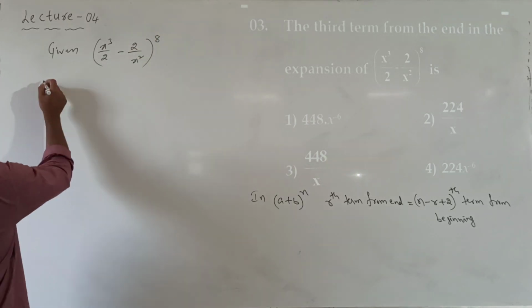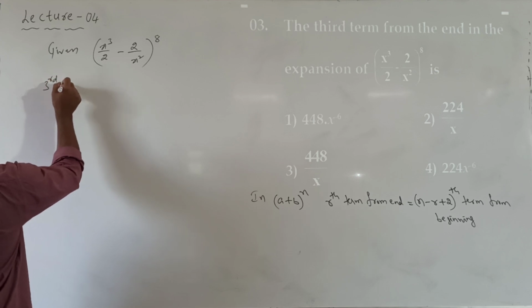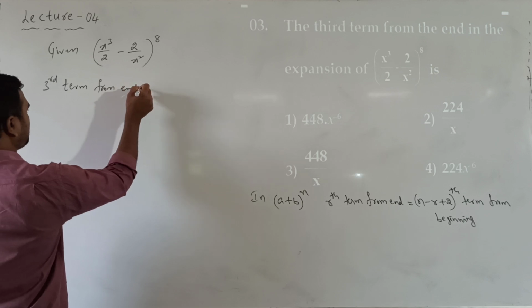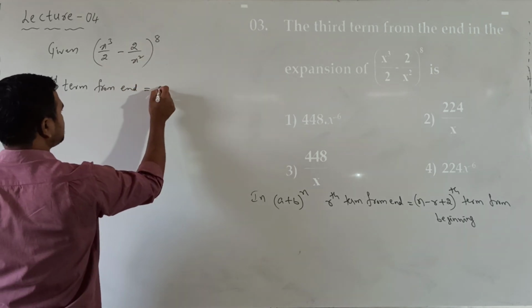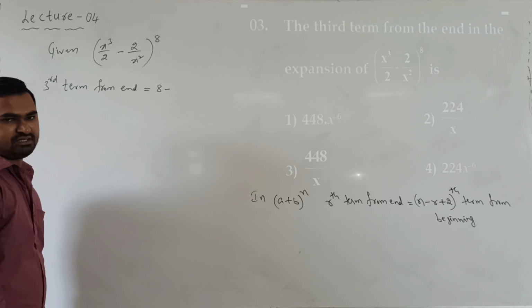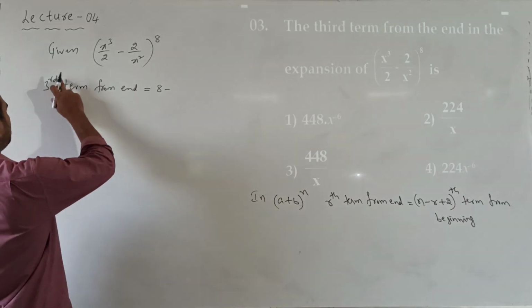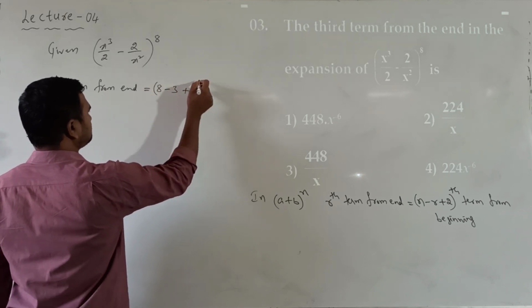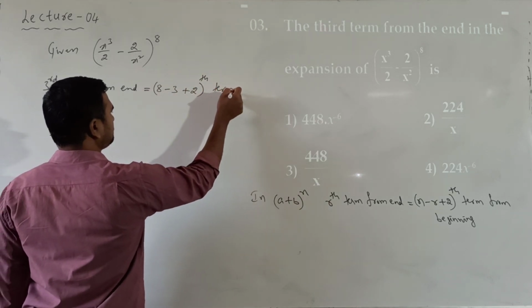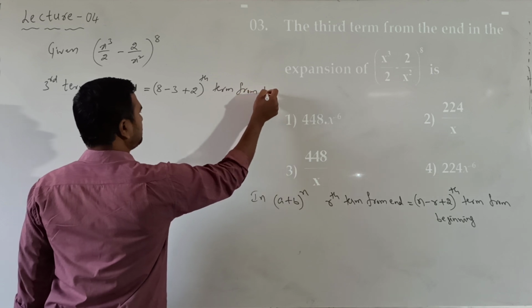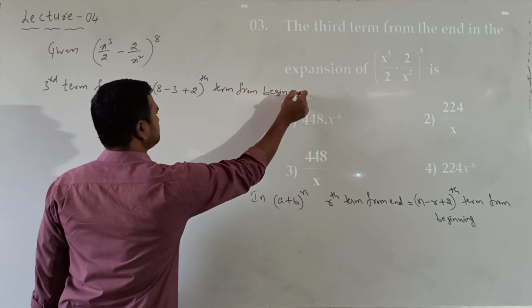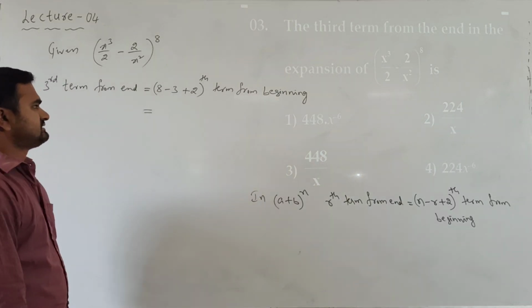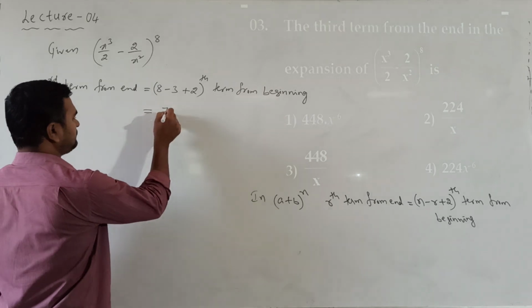Now here the third term from the end will be the same as the (n minus r plus 2)th term from the beginning, where n is 8 and r is 3. So what is the required term here? 8 minus 3 is 5, plus 2, the 7th term from the beginning.